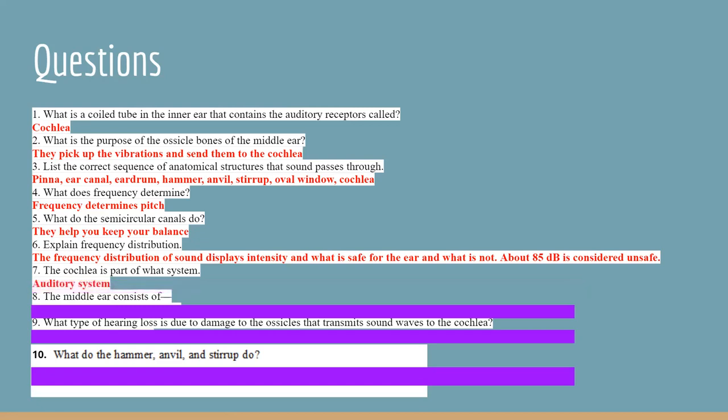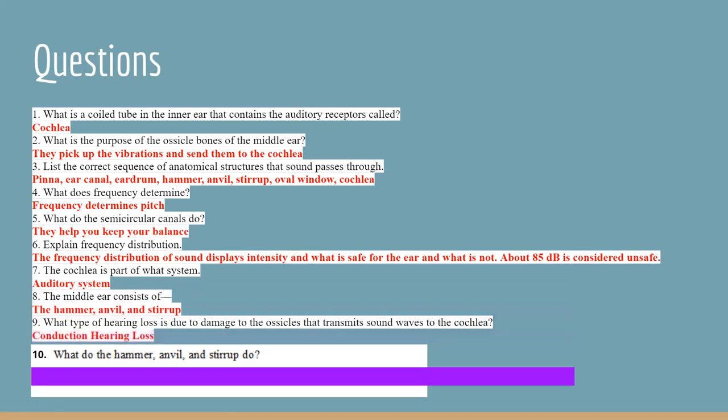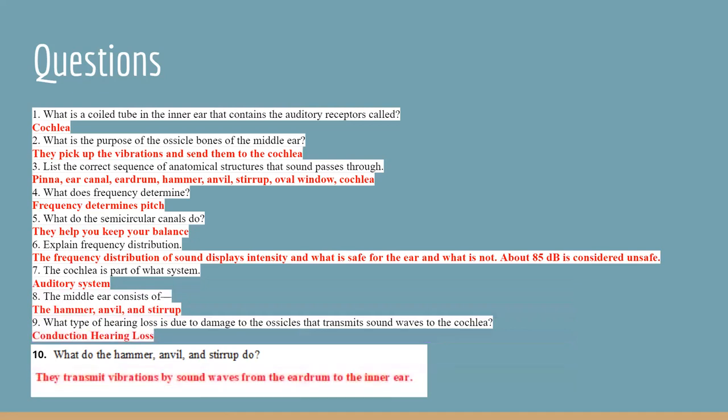It's called the auditory system. The middle ear consists of the hammer, anvil, and stirrup. What type of hearing loss is due to ossicles that transmit sound waves to the cochlea? Remember, that's what I was telling you. That's conduction hearing loss. That's the mechanical system. And I kind of already said that they transmit vibrations by sound waves to the eardrum to the inner ear.